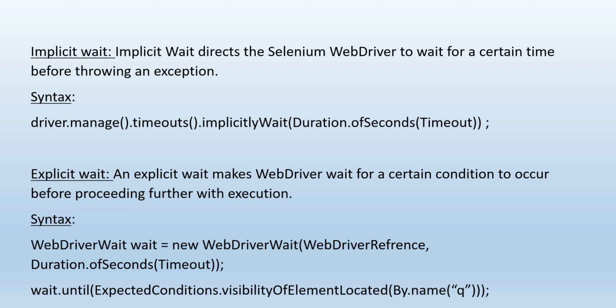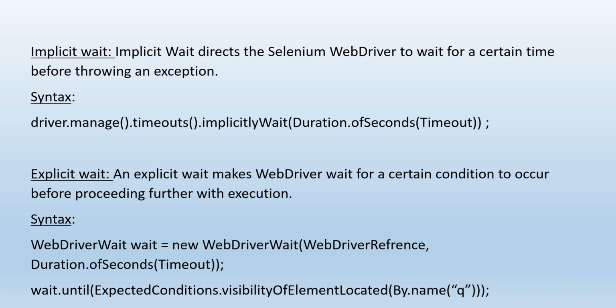There are certain conditions; it checks that condition and waits until the maximum time we give in seconds. If the condition is true before the time we give, it will move to the next step, whereas an implicit wait won't move forward until it completes the time we give.